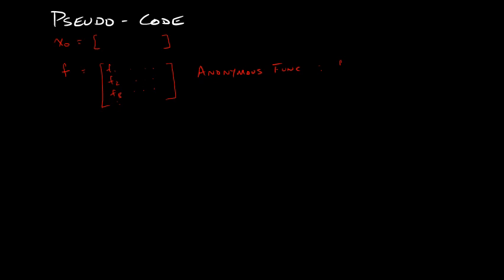You would say f equals at, and then in parentheses, I like to use a capital X, because that means that I've got some sort of vector, right? And then we would just write out each equation. Here's my first equation, and then here's my second equation, and so on and so forth. And we close that off.